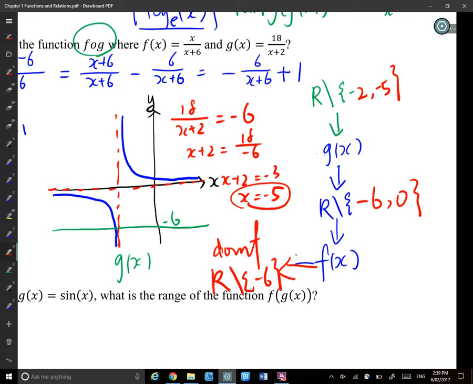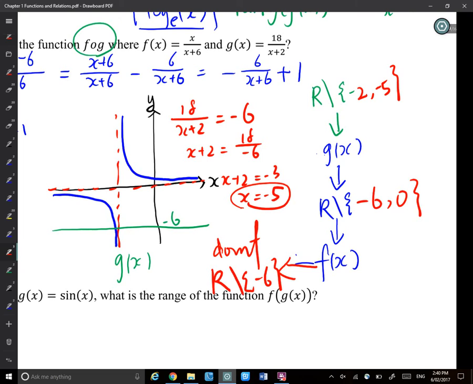We need to consider both graphs, both equations. First of all, x cannot take -2. That's what we have at the beginning. That won't change even though I change the domain, because that's the restriction from my g(x) function. I cannot take -2. I will have a range of R except 0.